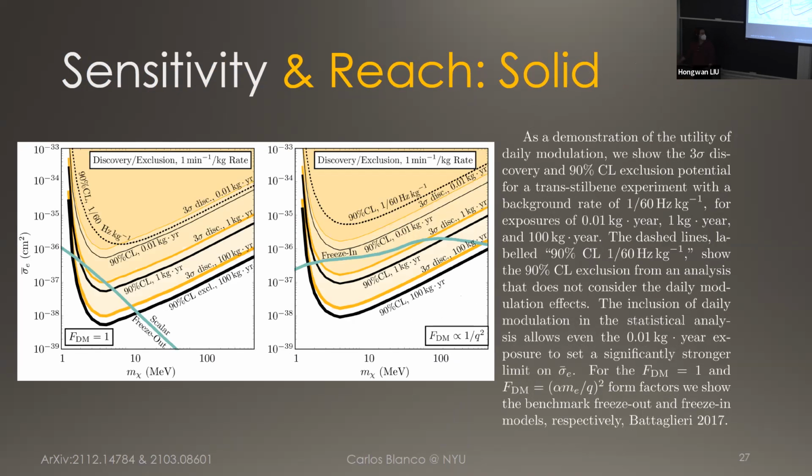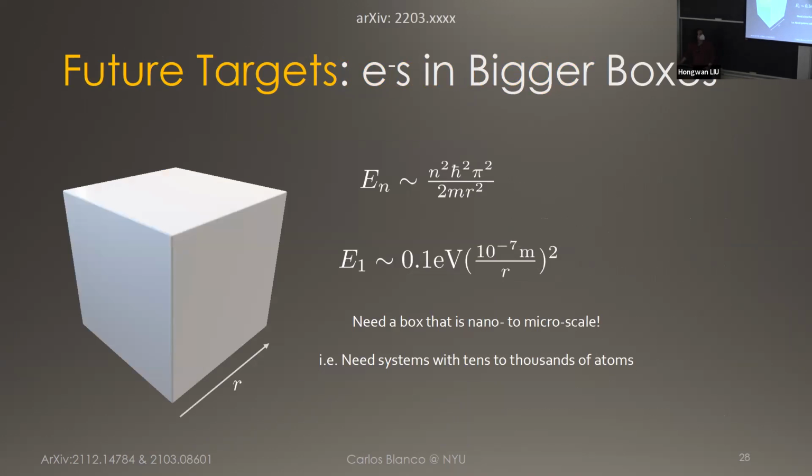Okay, so what if we want to do better? Well, if you want to start driving towards lower masses, then you need to really start lowering the threshold. The energy threshold for Trans-stilbene is 5 eV, and we want to do much better than that. If you want to get down to 1 eV, then you need a box for your electrons to sit in that's micro to nano scale, so hundreds to thousands of atoms big.